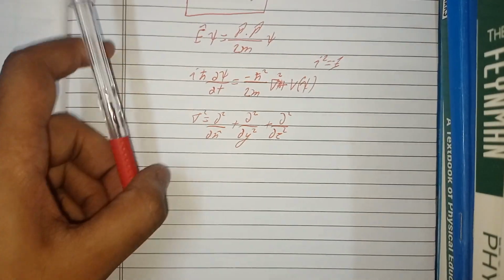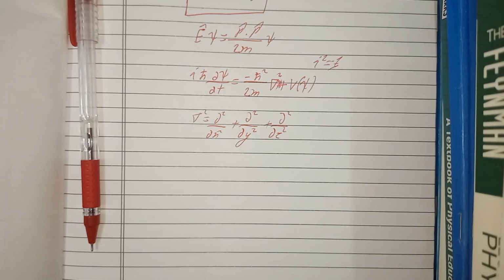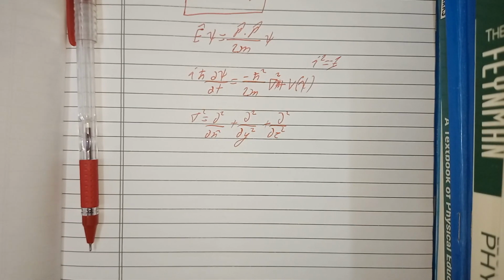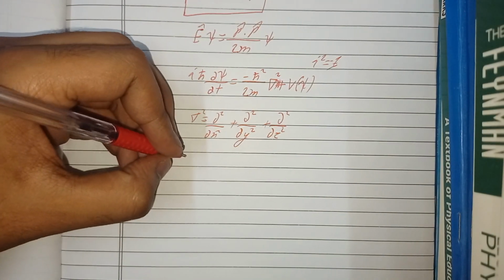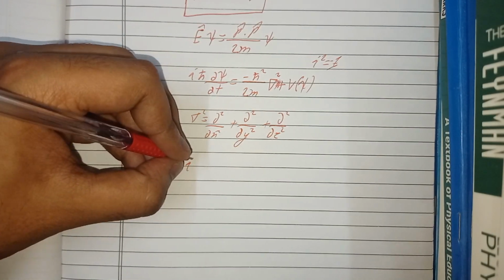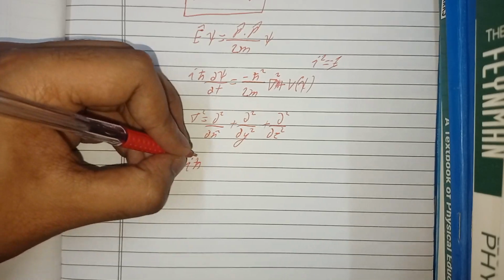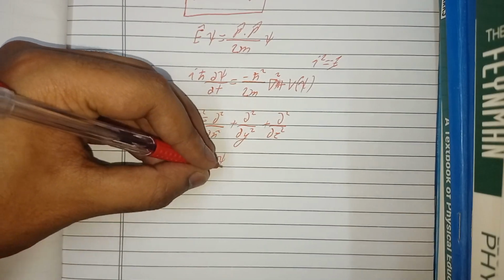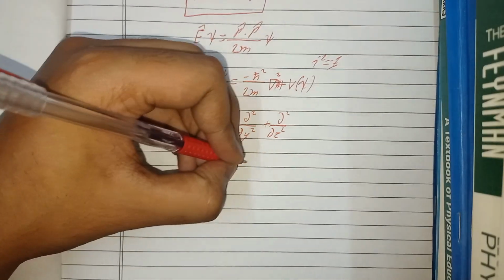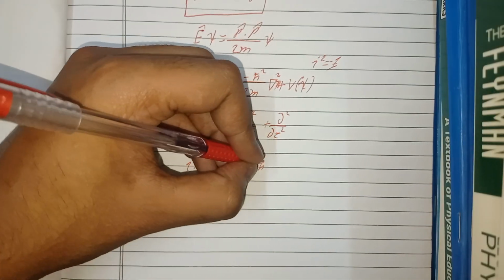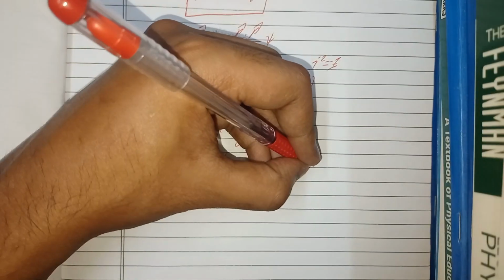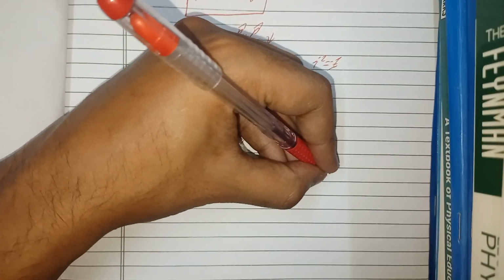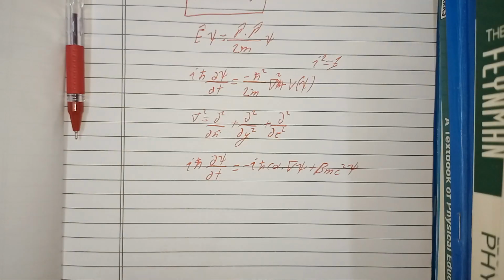So by this we get an equation which was made by a scientist named Paul Dirac, and this equation is very good for everyone, which is this. This is what we call the Dirac equation.